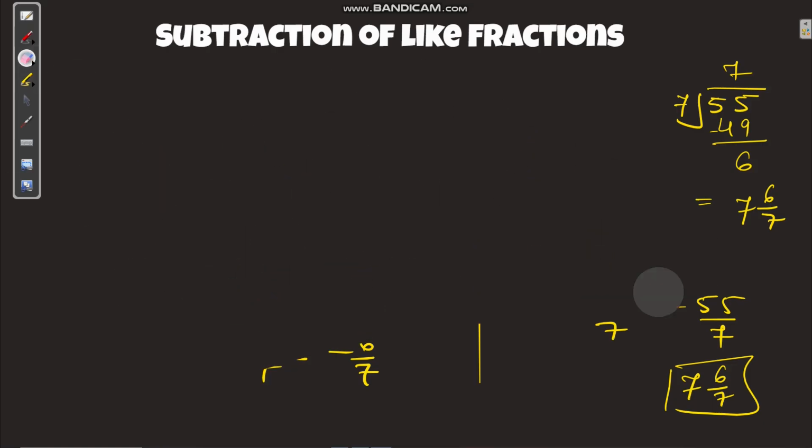Let's solve one more question. You can solve two or three questions together also. So let's take a question where both are mixed fractions. For example, 6 1 by 6 minus 2 20 by 6.